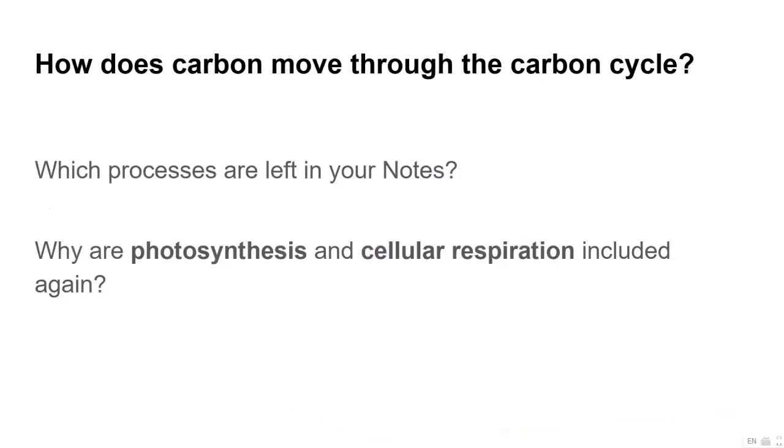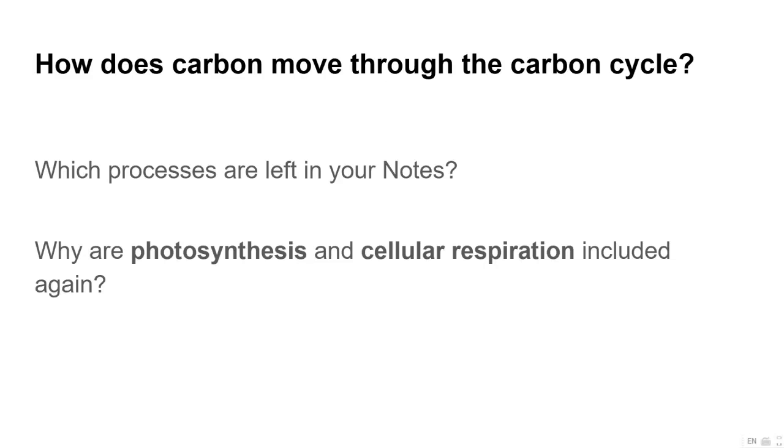So how does carbon move through the carbon cycle? Well, the processes that it utilizes are the ones left in your notes. So I want you to look through those and read the descriptions, okay, as we did with the water cycle notes. And I want you to note why photosynthesis and cellular respiration are included again. Okay, why do you think that is?